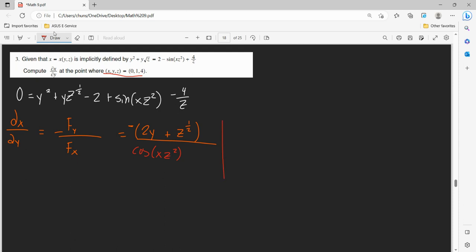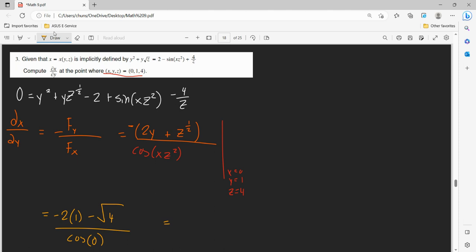Okay, and we're going to plug in for our point, which is at x equals 0, y equals 1, and z equals 4. So that is going to give us a value of negative 2, then y is 1 minus the square root of 4, and this is cos times x is 0, which is just going to make the rest of the term inside 0.